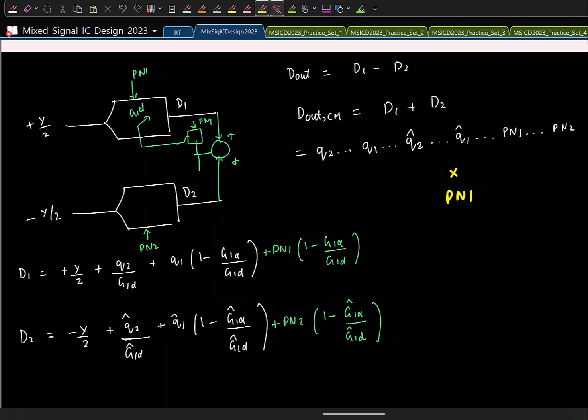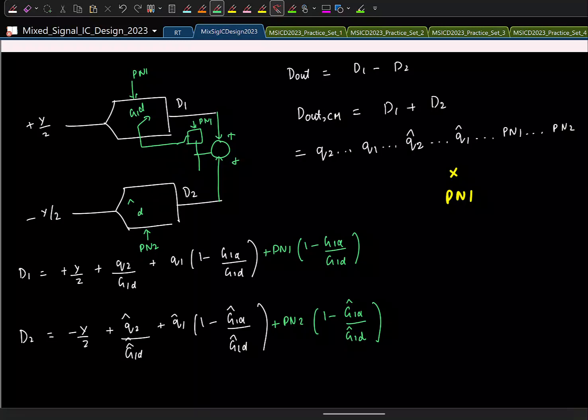Similarly, to get the gain G1D hat, what should I do? I will correlate with PN2. If I correlate with PN2, only this term will remain, and this term will give an estimate of the gain for the bottom branch. So I will correlate with PN2 and then change the gain G1D.